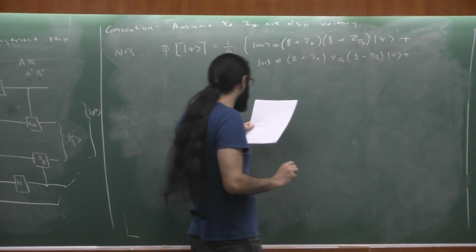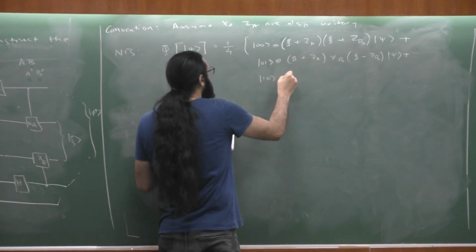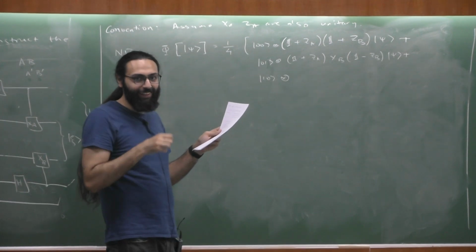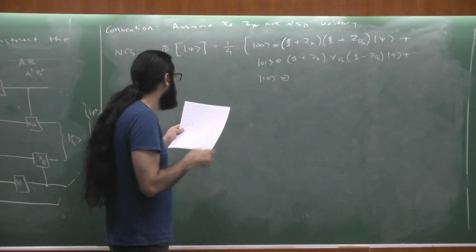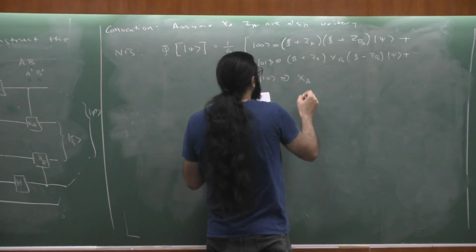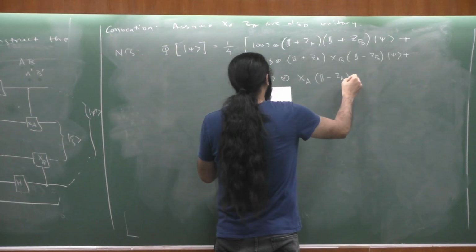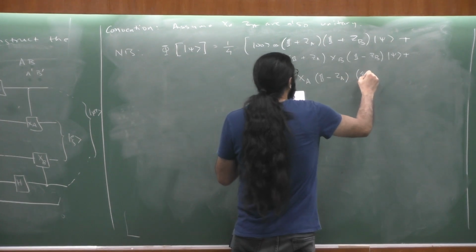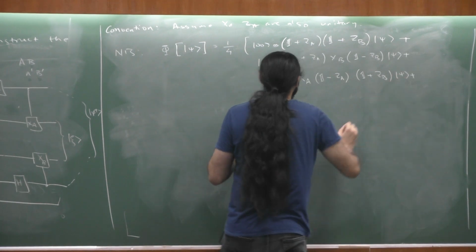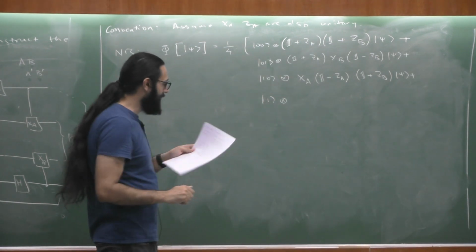Okay, can you guys guess the next one? Given this, what would be |1,0>? Okay, yeah, I couldn't have guessed it. Well, X_A comes first, then you have identity minus Z_A, like you were saying, and this one becomes plus. And what about the last one, |1,1>? Do you see two X's?